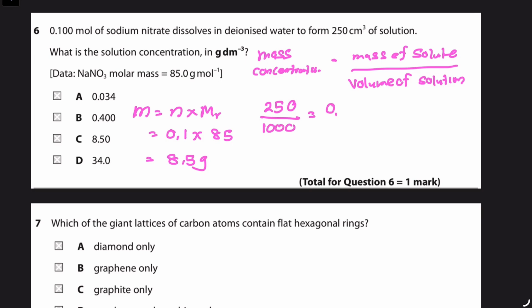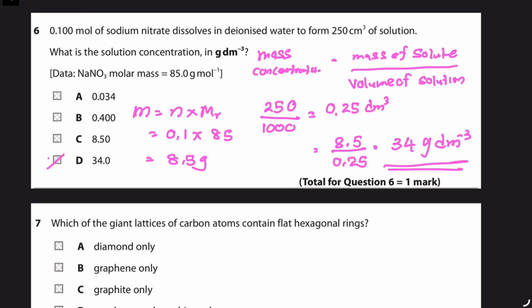It would be 0.25 cubic decimeters. The mass of the solute is 8.5, so divide 8.5 by 0.25. This is going to be 34 grams per cubic decimeter. Correct answer is D.